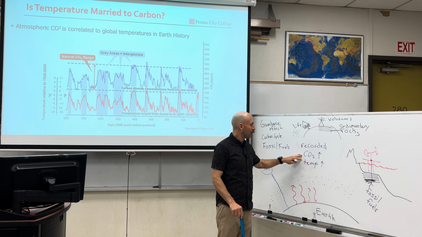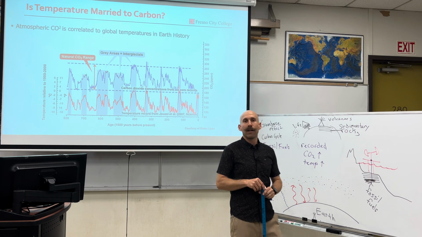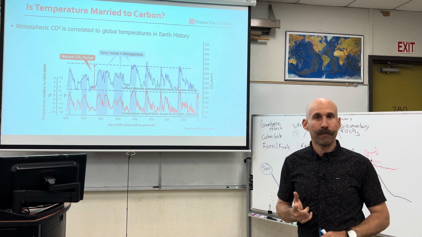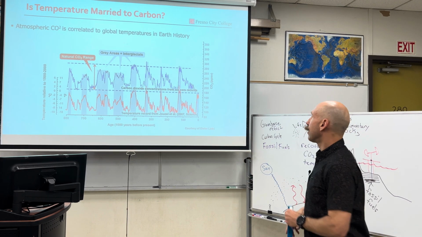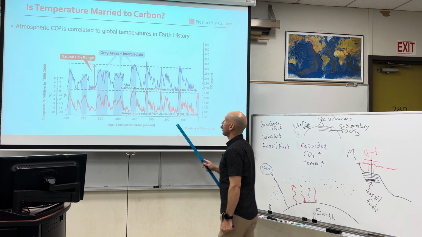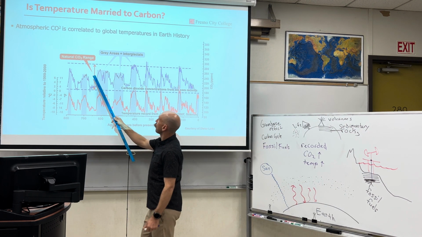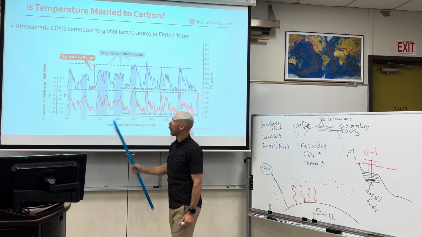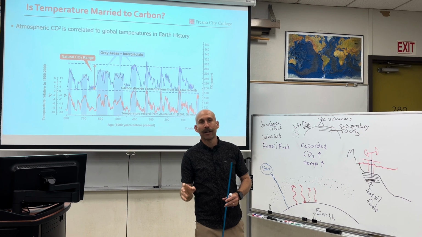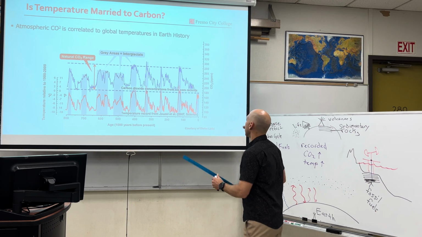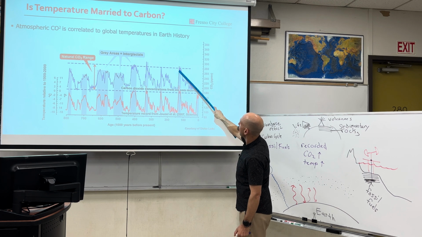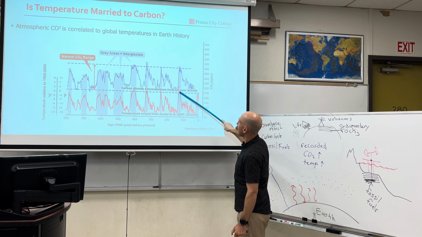Recorded increased CO2, recorded increased temperature, but the question is, are CO2 and temperature correlated? And the data indicates that there's a natural variability of CO2, there's a natural variability of temperature. And temperature and CO2 from paleoclimatic evidence shows increased CO2, increased temp.